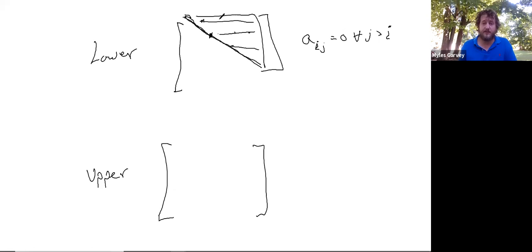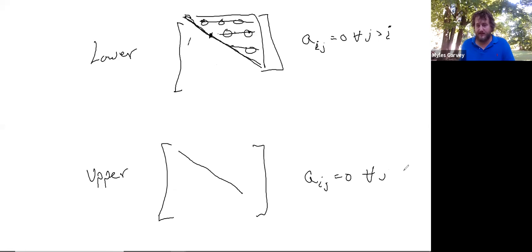So you're going to have something like 0, 0, 0, 0, and then you're going to have some numbers here that may be 0, may not be 0. Upper is the opposite of this. Upper is when Aij is equal to 0 for all j that's less than i.